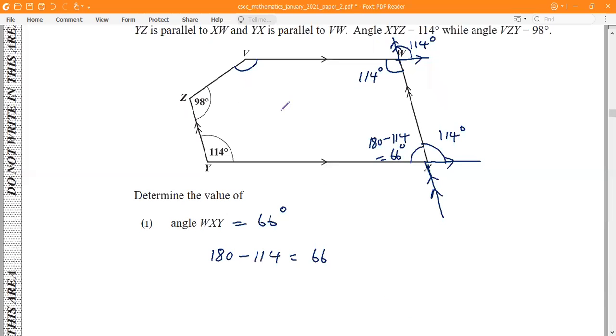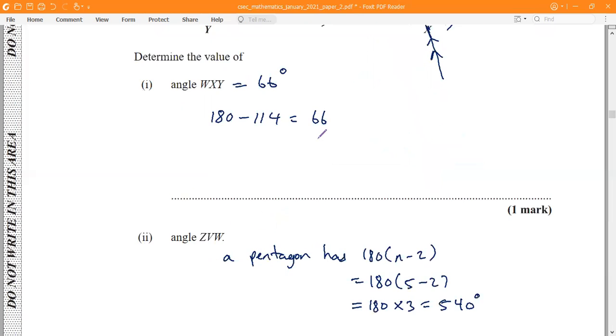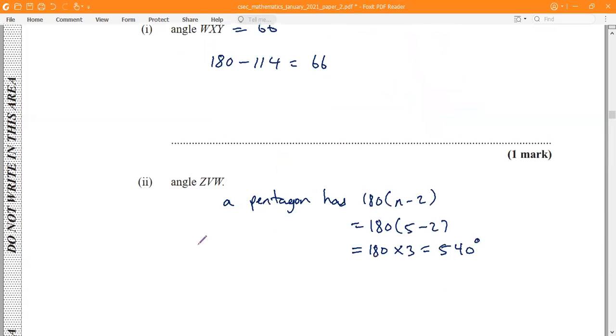Let's find the missing angle. 98 plus 114 plus 114 plus 66 plus the angle ZVW is equal to 540 degrees.